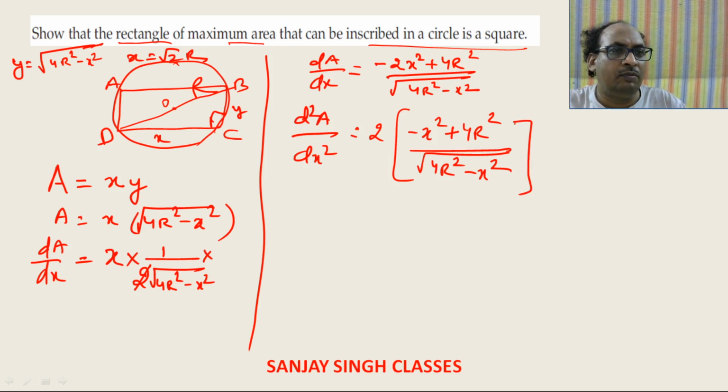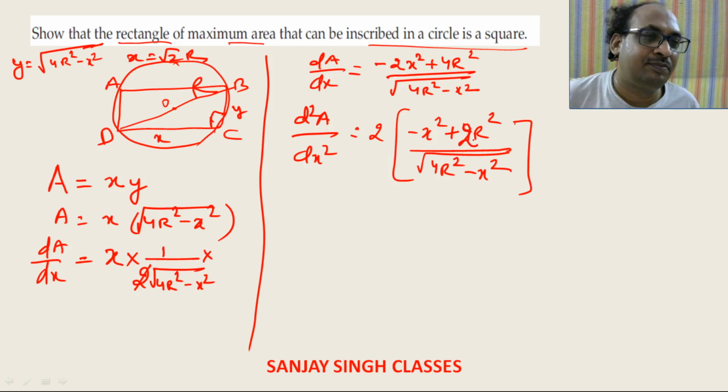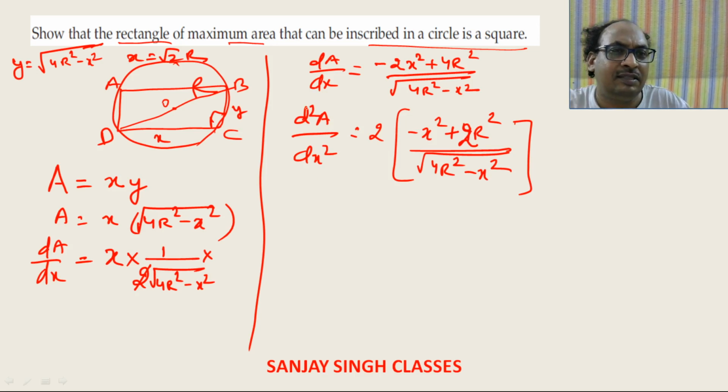So this one will become 2 now, not 4r, 2, because 2 we have taken common. Now we have to go for, still it is dA only, still it is okay.